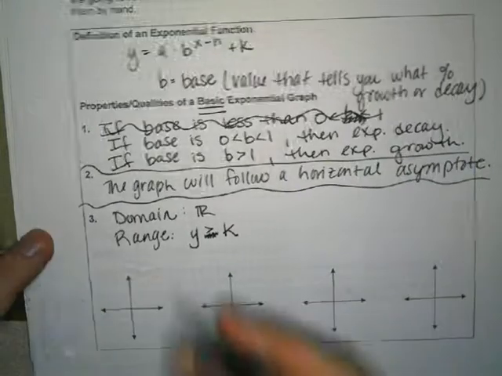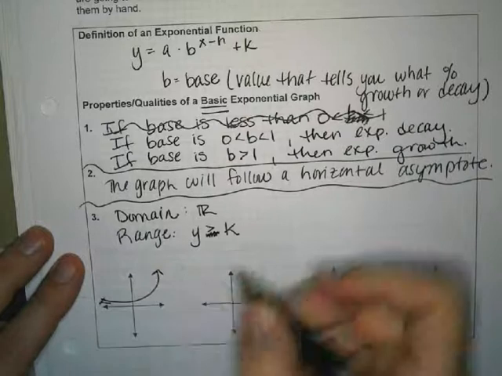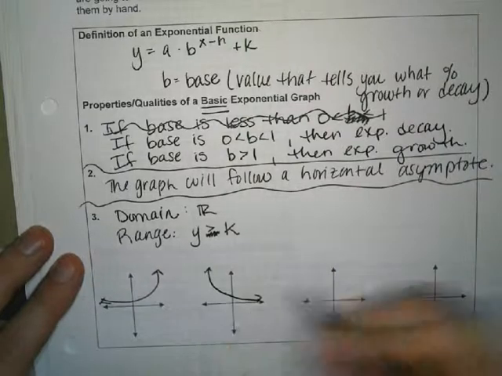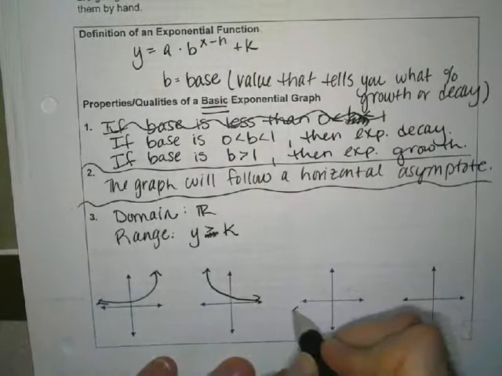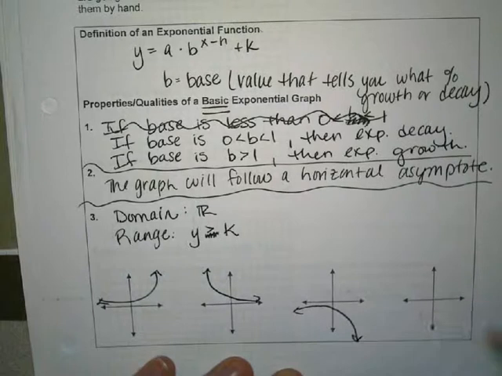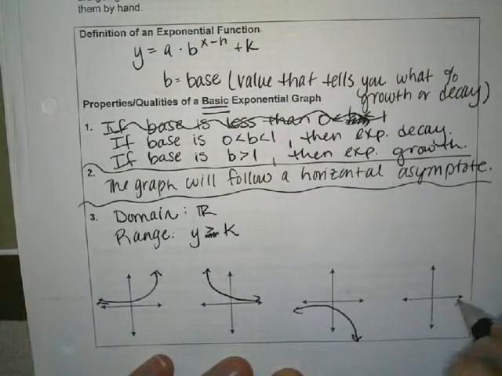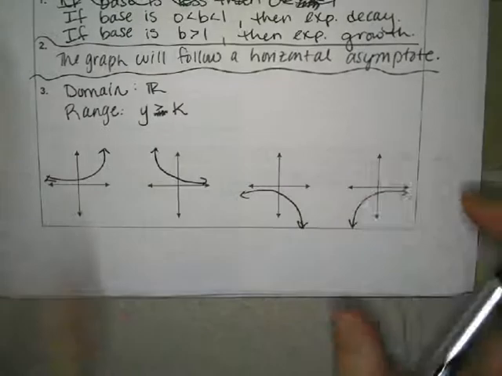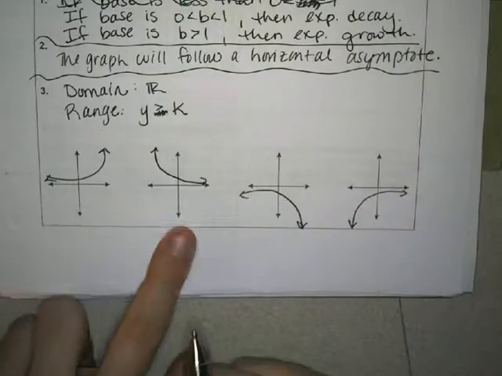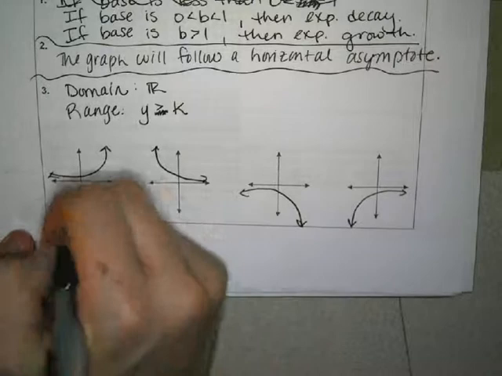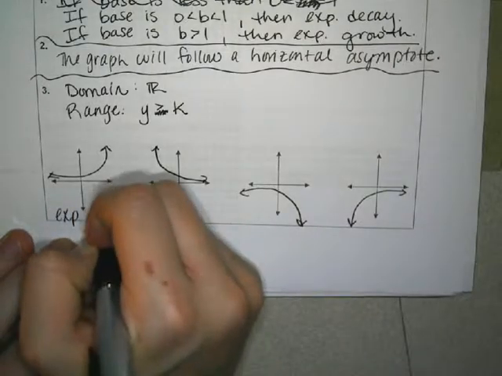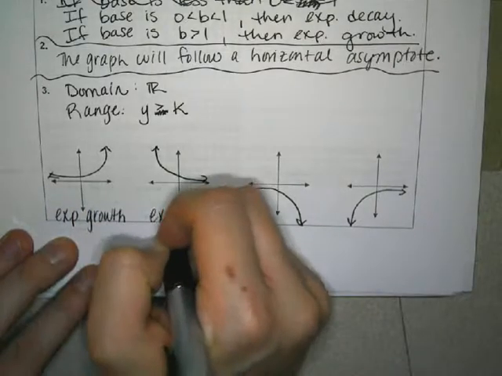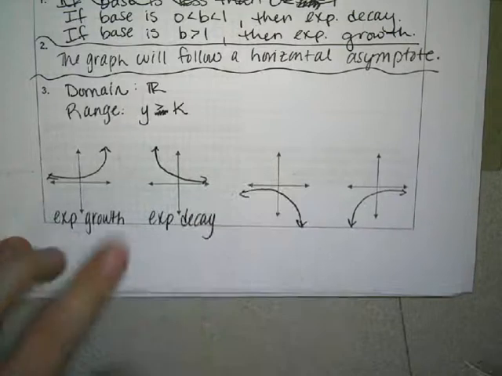Okay, the 4 different kinds of graphs that you'll see look like this. Now, these are the 2 most common. This would be called exponential growth. This is exponential decay, because you decrease over time quickly.